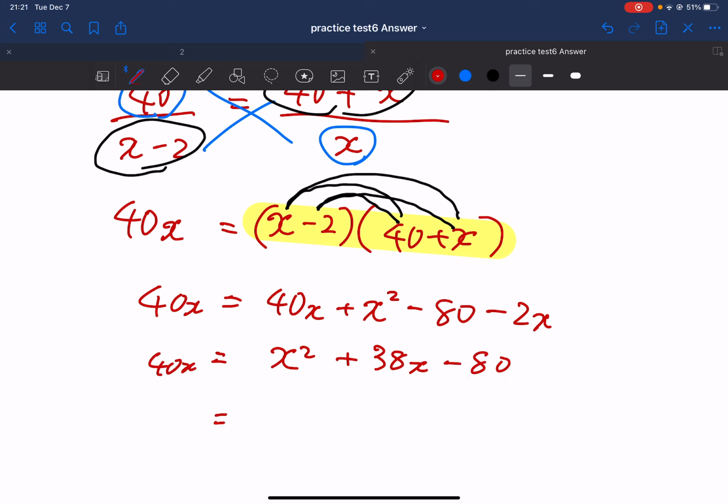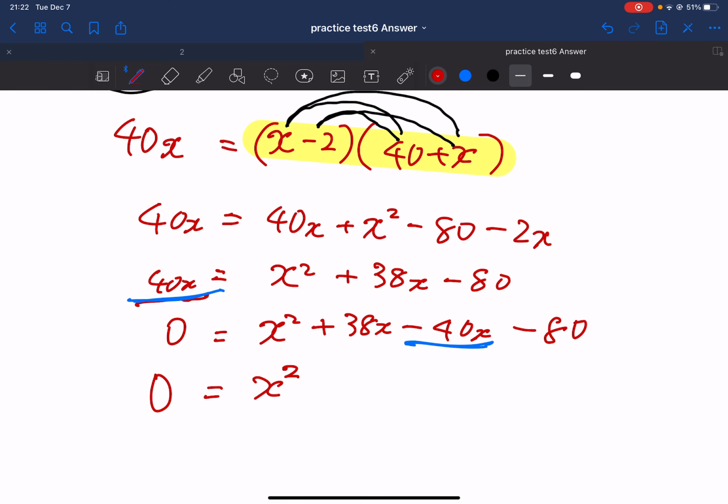40x. Let's move this 40x to the right side, and that becomes negative 40x, right? So x squared plus 38x, minus 40x from here, and then we have minus 80.